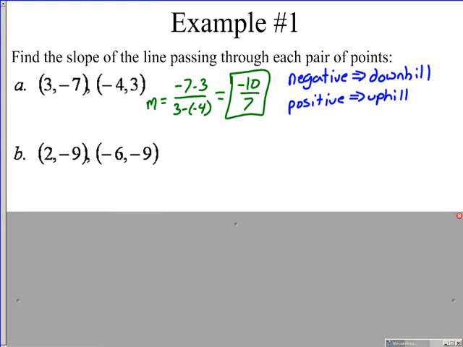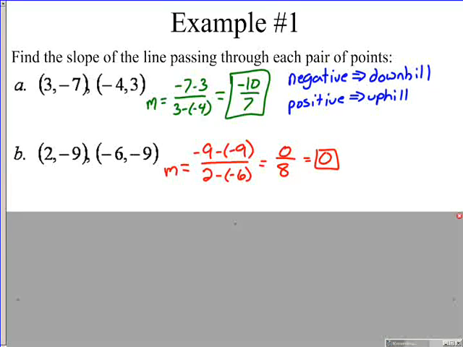Letter B. Again, just plug into your slope formula. Difference in y's, difference in x's. We get 0 over 8, which is just a slope of 0.